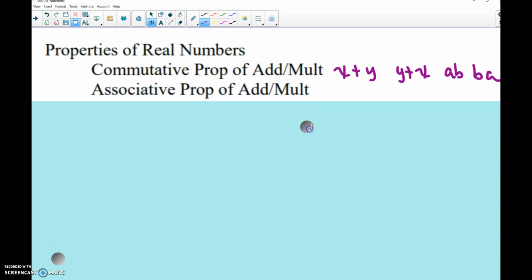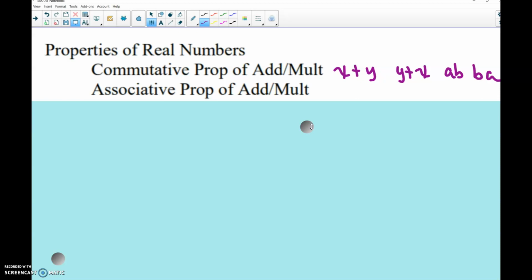Next one, associative property. A lot of people get associative property and distributive property mixed up. Associative property is where your parentheses are located, and whatever your parentheses, if you remember back in the previous section, order of operations, parentheses comes first.